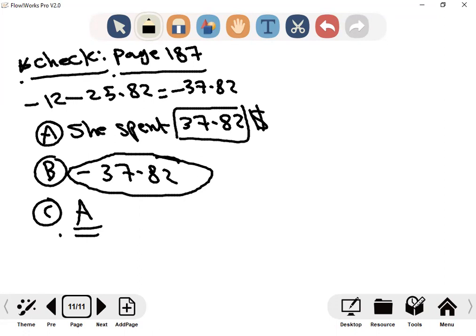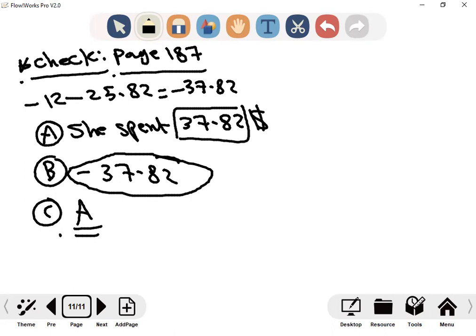Again, the total amount she spent, how much? What is the additive inverse of 37? They don't want us to use the word spent. They ask me about the total amount.